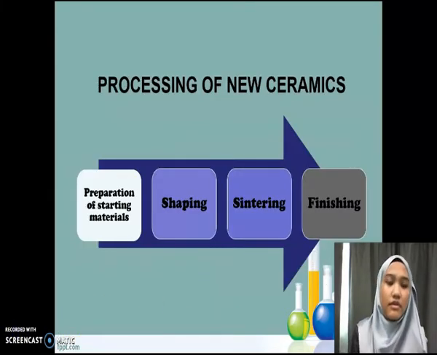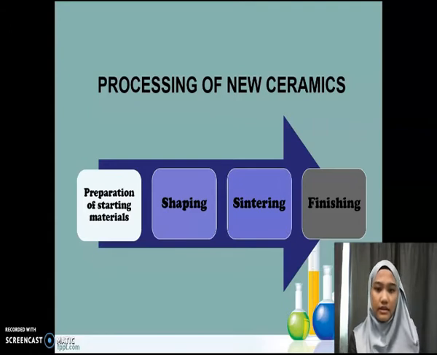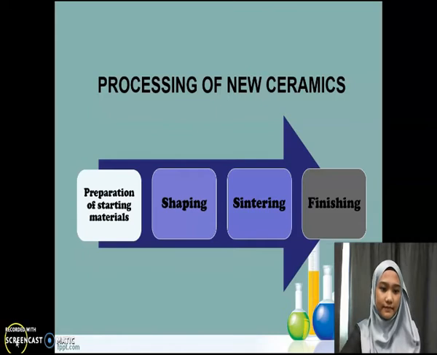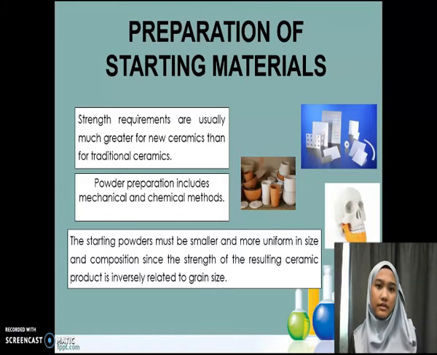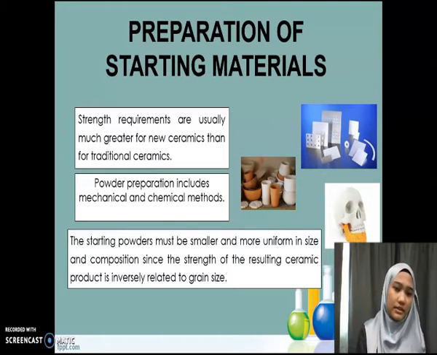The step for processing of new ceramics, there is 4 steps, which are preparation of starting materials, shaping, and then sintering, and lastly is finishing. For the next slide, about the preparation of starting materials, strength requirements are usually much greater for new ceramics than for traditional ceramics.